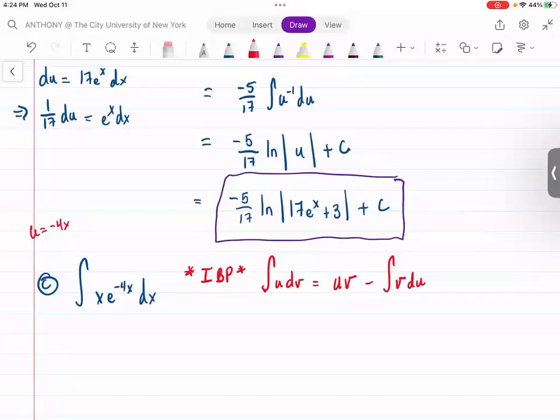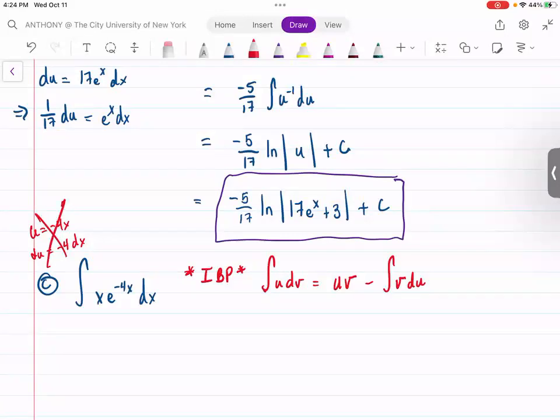Negative 4. du is equal to negative 4 dx. Now, inside of my integral, do I have a negative 4? No. And in particular, we have an x. So that means that if I made u equal to negative 4x, then the du cannot replace that x. So therefore, this can't work.